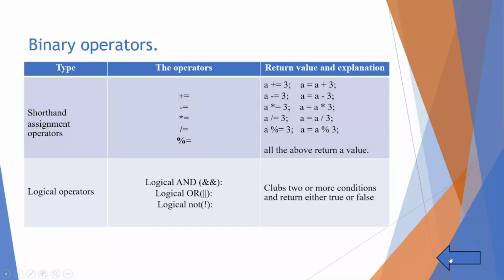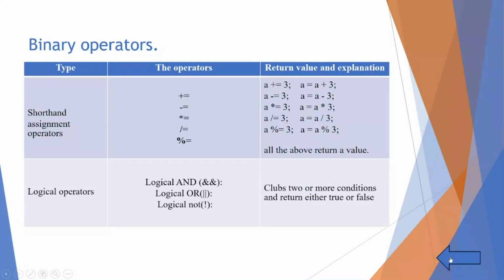Now the fourth type of binary operator: plus equals to, minus equals to, multiplication equals to, and so on and so forth. A plus equals to 3 means A is equal to A plus 3. A minus equals to 3, A is equal to A minus 3, and so on. They also return a value. Now the last one is logical operators in binary operators. Logical and, logical or, and logical not.